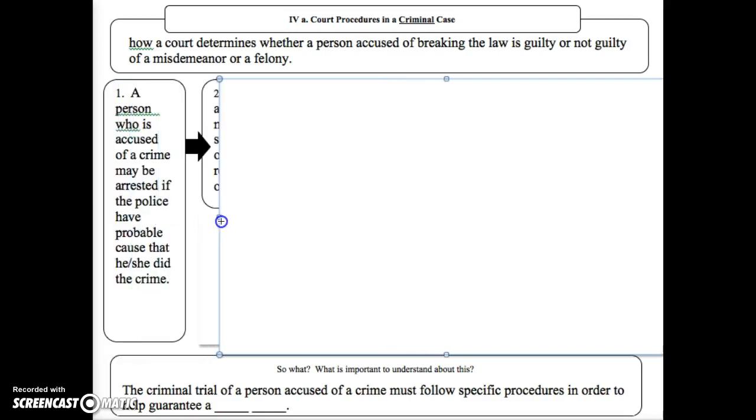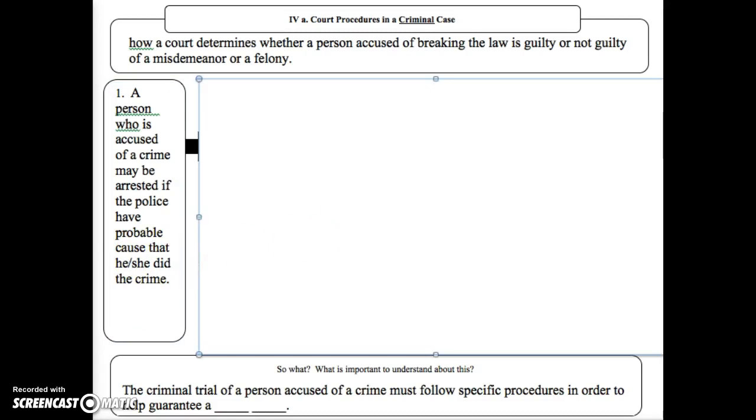Let's take a look at the first step. First step is that a person who is accused of a crime may be arrested if the police have probable cause that he or she did the crime. Please fill in, the first blank you want to fill in is arrested, and the second blank is probable cause.